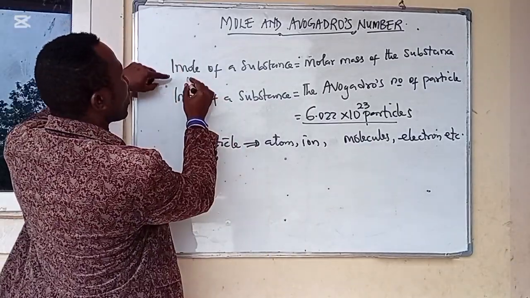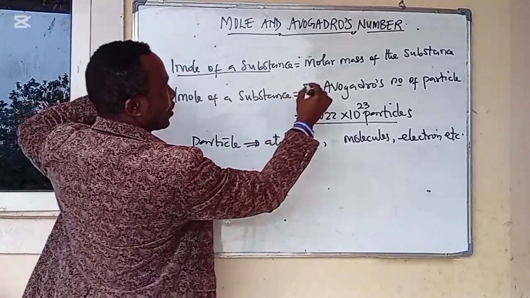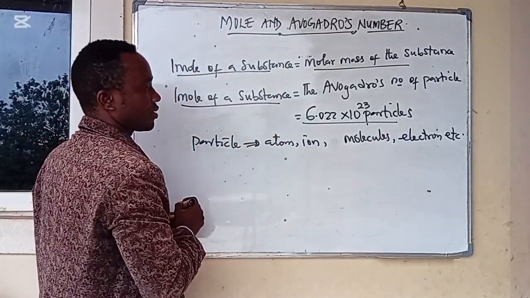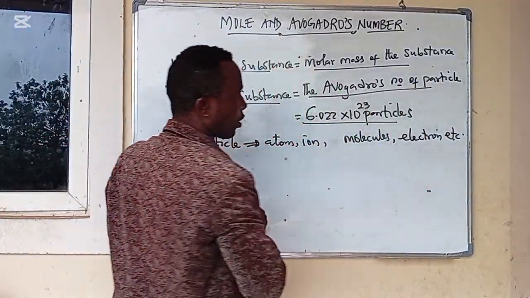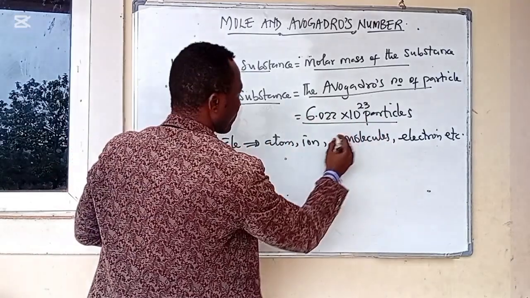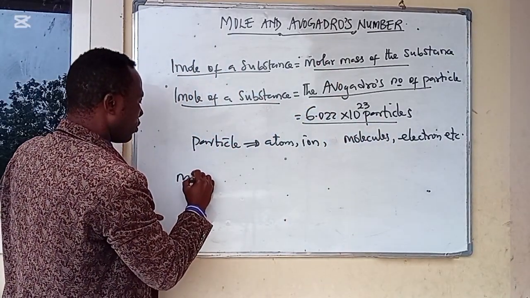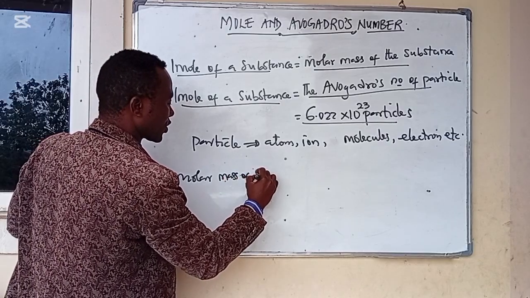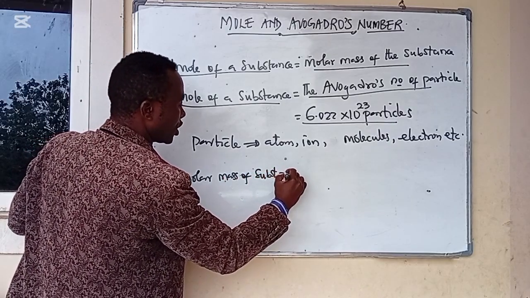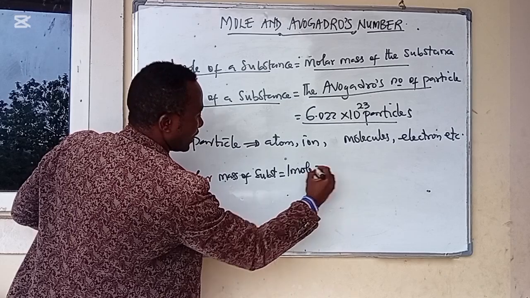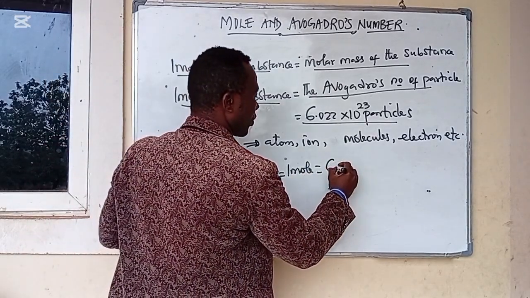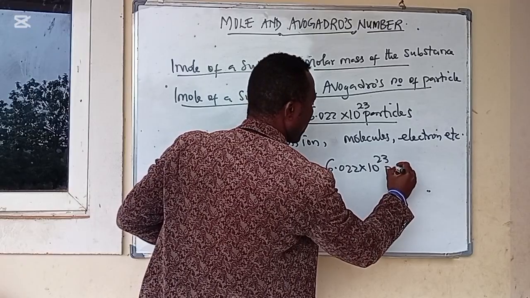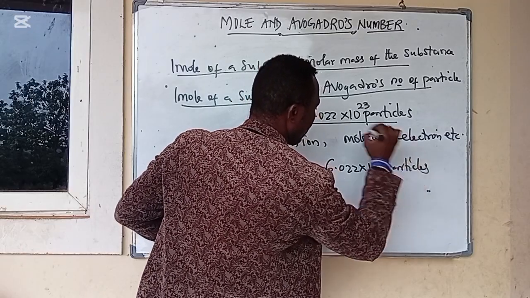Now, if 1 mole of a substance is equal to molar mass, and 1 mole of a substance is also equal to Avogadro's number, it simply means that the molar mass of the substance, which is 1 mole, is equal to 6.022 times 10 raised to power 23 particles.